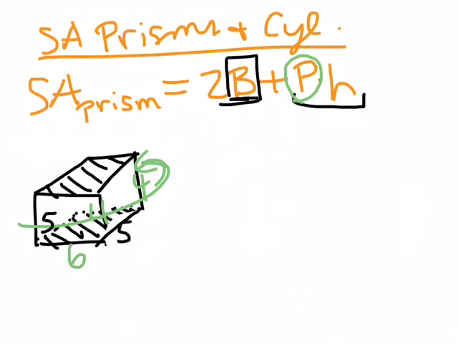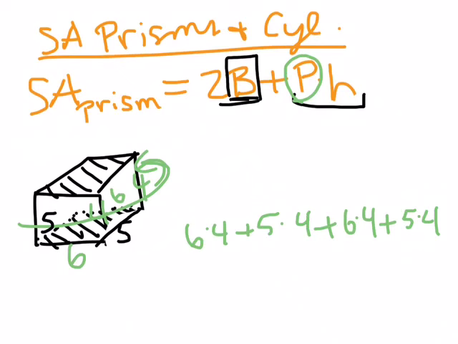So these are 5, and in the back it's 6, with a height of 4. Well, anyways, what would you do? You do 6 times 4 plus 5 times 4 for this right rectangle, and then the back one is 6 times the height of 4, plus, and then on the left side, 5 times 4.